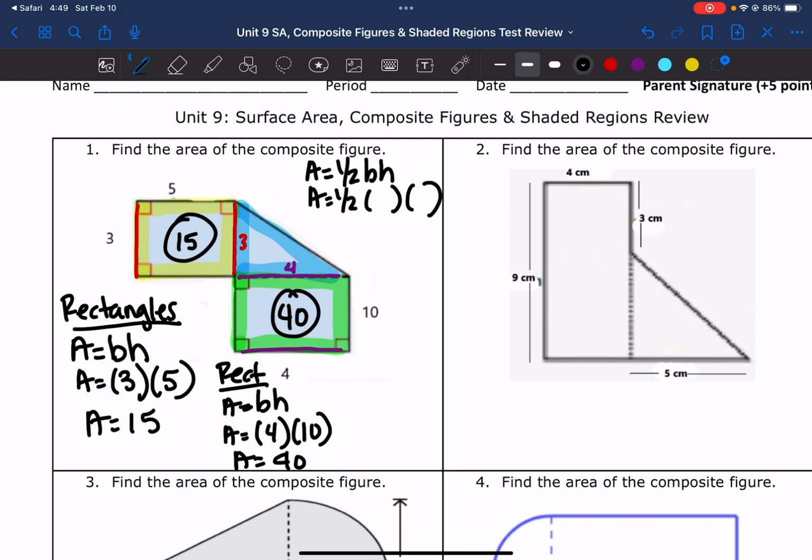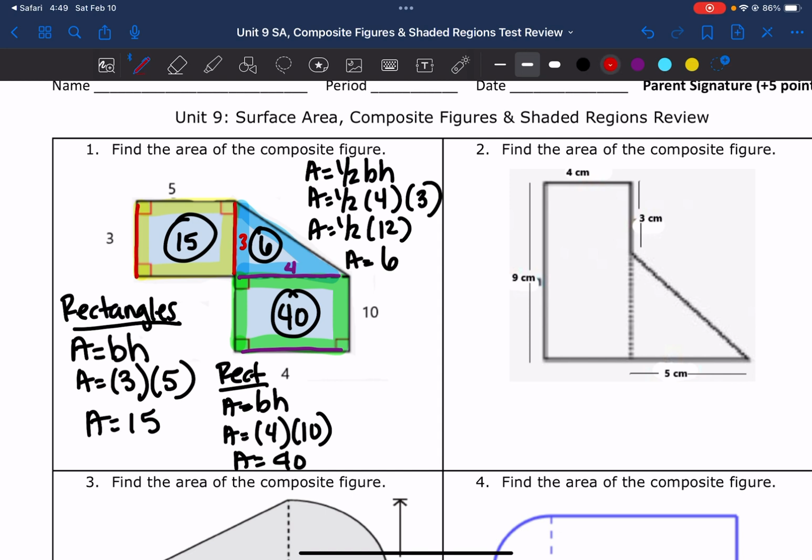So now that I have the height and the base, I can continue substituting for the formula. So the base of the triangle is 4, the height is 3. I know that 4 times 3 is 12, and then I know that half of 12 is going to be 6. So that means that the triangle has an area of 6 units squared.